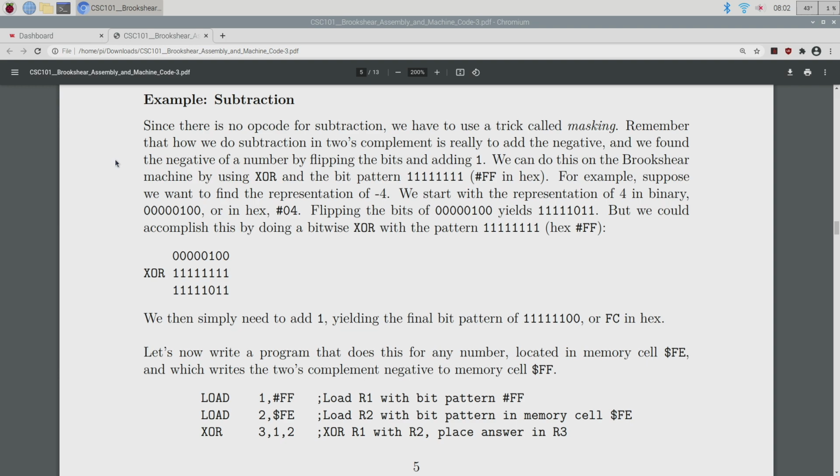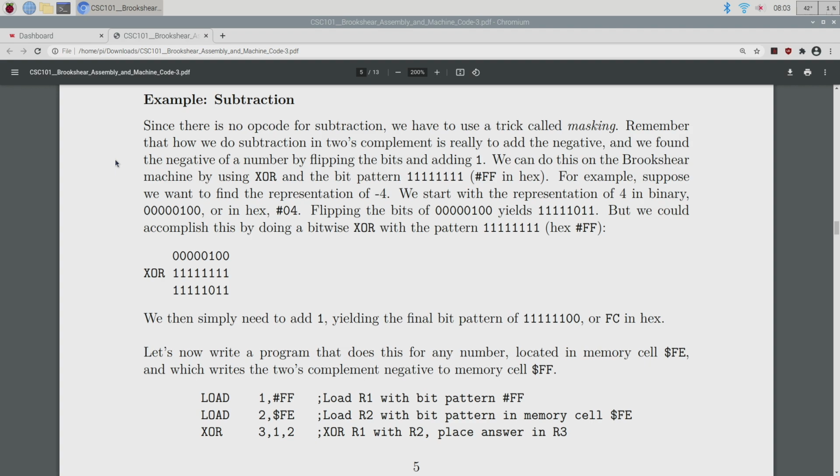So what we needed to do was to be able to flip the bits in order to do two's complement, in order to start getting the two's complement representation, right? Because if you've got a number, how do you find its negative? You flip all the bits and you add 1. Adding 1, well, that's easy. You just add 1.